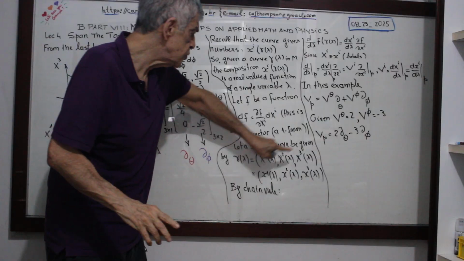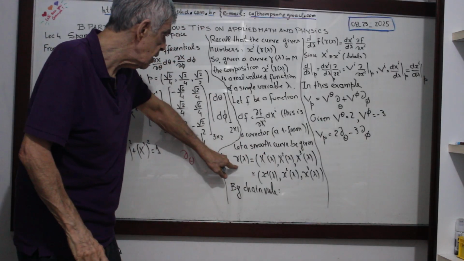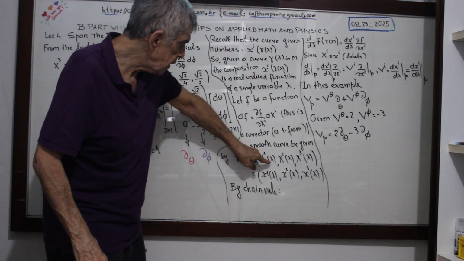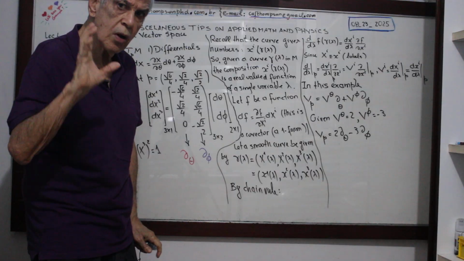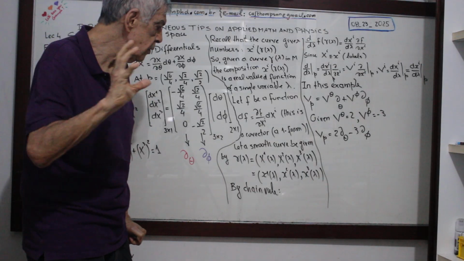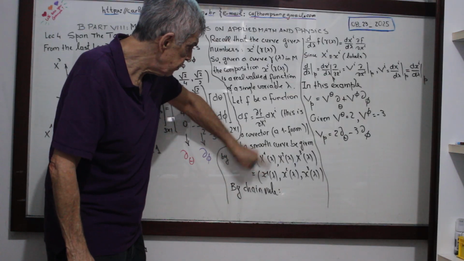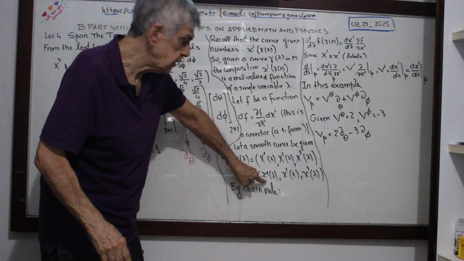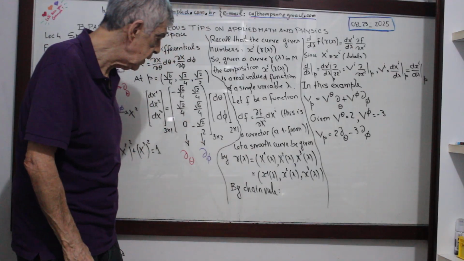Let a smooth curve be given by gamma of lambda, x1 of lambda, x2 of lambda, x3 of lambda, which belongs to R3, the real numbers. I just set labels on this. This is small x.